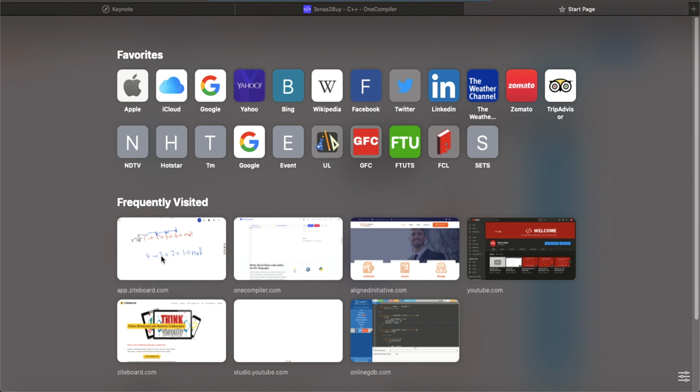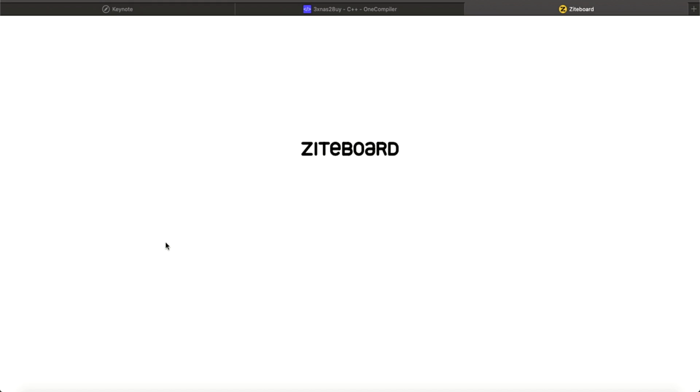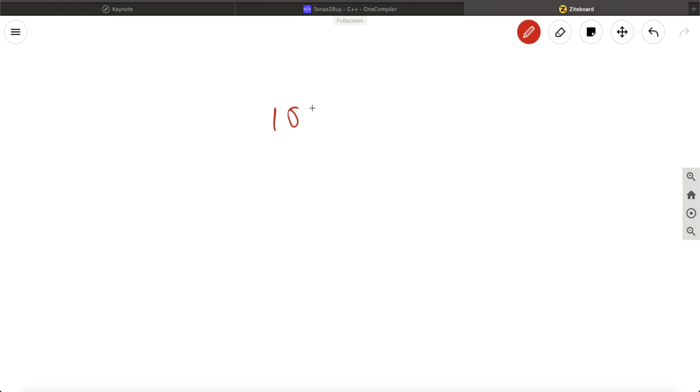If we look at it on this whiteboard, let's represent 5 in binary representation. When we do an AND operation between them, what do we know by looking at the truth table?